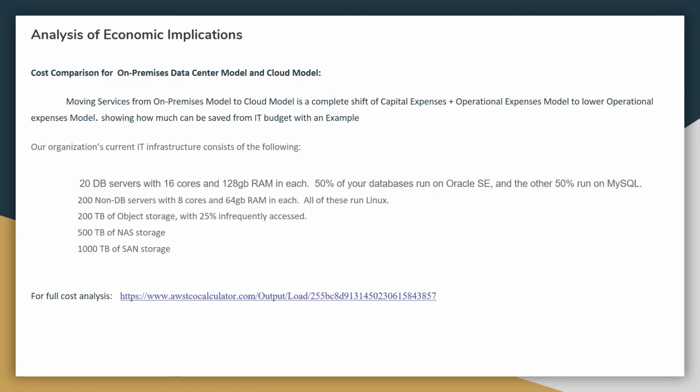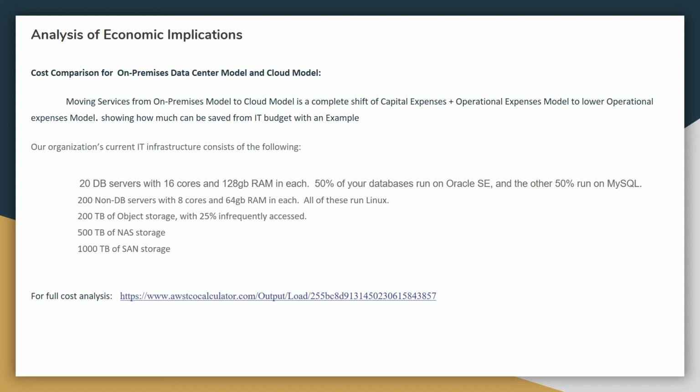We have to analyze the economic implications of moving to cloud, with the listed example of our current IT infrastructure: 20 database servers, 200 non-database, 200 terabytes of object storage, 500 terabytes, 1000 terabytes of sound storage.